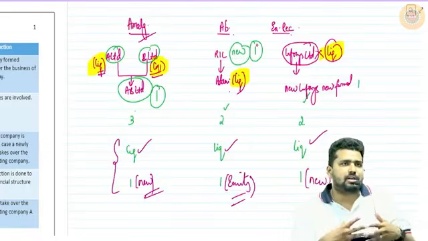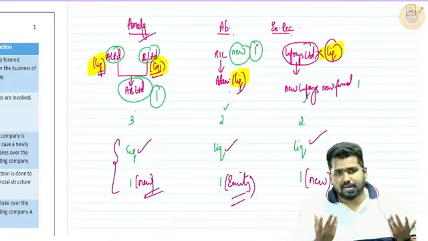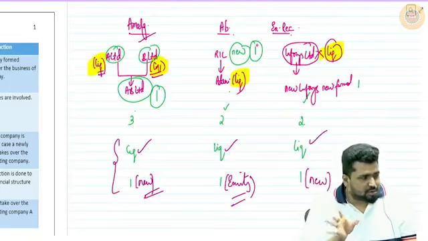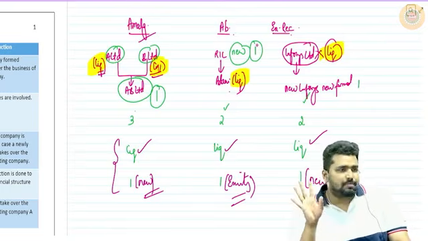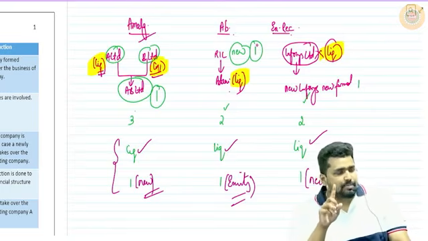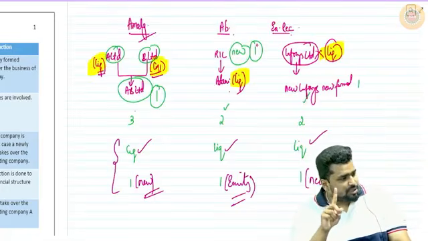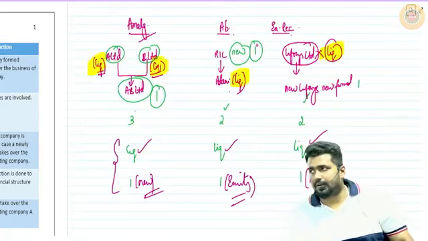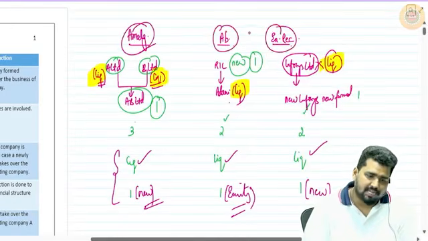Sir, in exams, do we have to bother whether it is absorption or external reconstruction, whether accounting changes? No, nothing changes. Same accounting only, because two things are very common in this. One is liquidation, and also the resultant company should be one company. That should be a new company or an existing company, but it should be only one company. Based on this, accounting will start. So to start AS 14, either it should be amalgamation, absorption or external reconstruction.